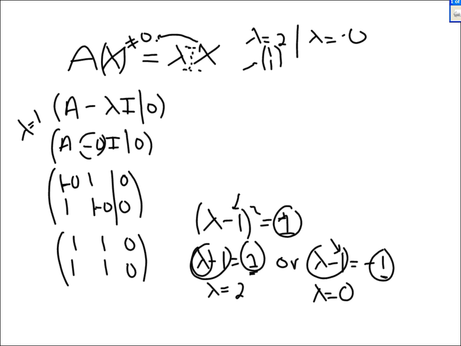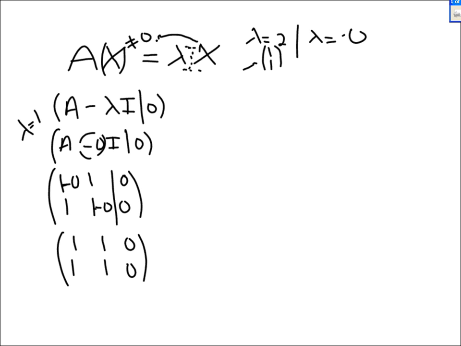Okay, sorry about the typo. Now, let me say something very clear. I've always maintained, and it says it on the top left, that the eigenvector, that is the value for x, cannot be the 0 vector. Never ever said that lambda can't be 0. Lambda can certainly be 0.